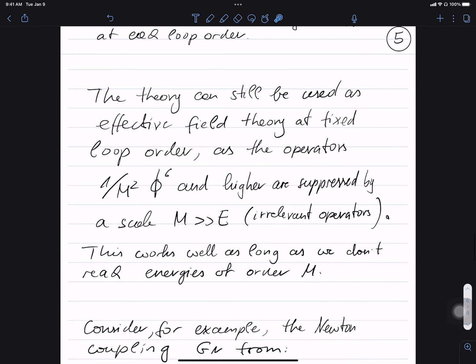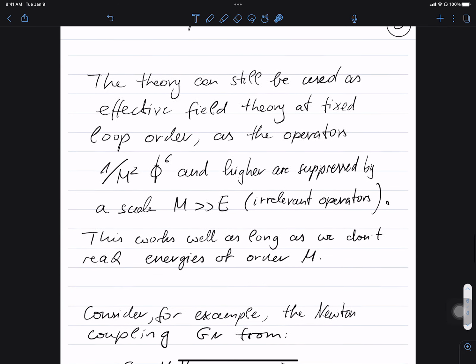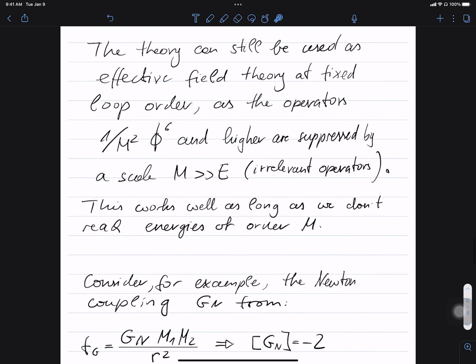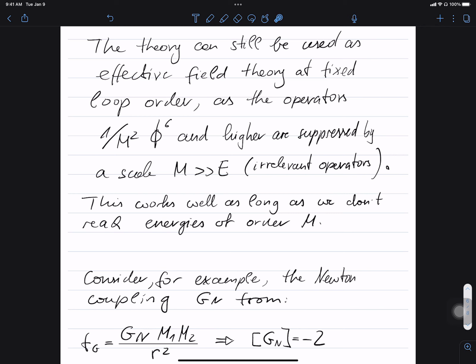However, this theory still can be used as an effective theory at fixed loop order, as the operators, for example phi to the 6 and higher, are suppressed by the scale m that is supposed to be much larger than the energy scale at which we are studying the theory.